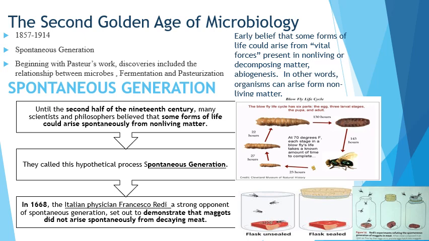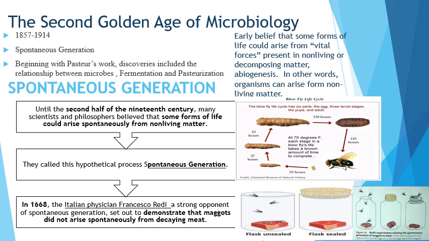It was early believed that some forms of life could arise from vital forces present in non-living or decomposing matter, abiogenesis. In other words, organisms can arise from non-living matter. This hypothetical process is known as spontaneous generation.